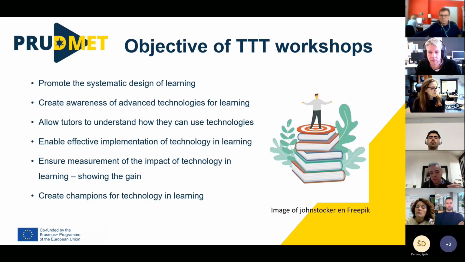Obviously, we try to promote the design of teaching using technology, but the most important is to be more effective in its use, because sometimes we use technologies in the classroom without a predetermined plan. Then we implement technologies only when we consider it necessary, but not related to the objectives.